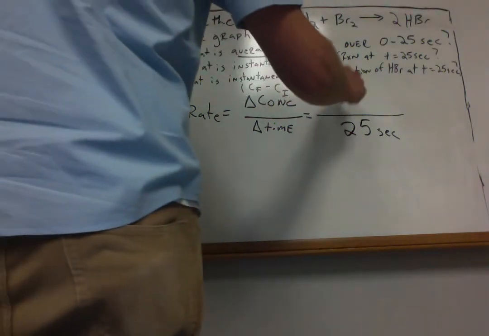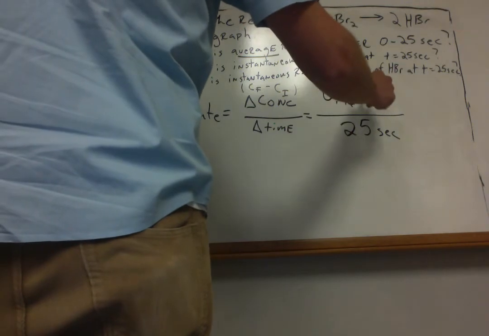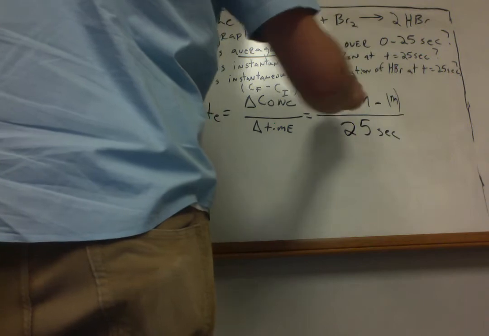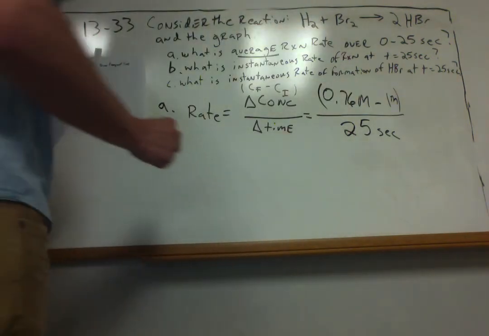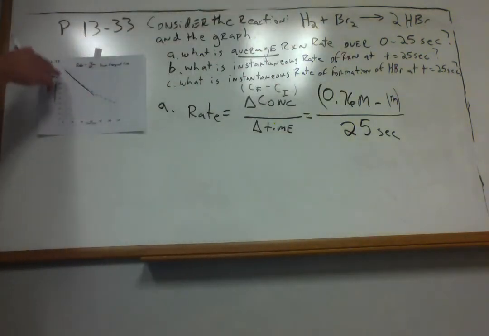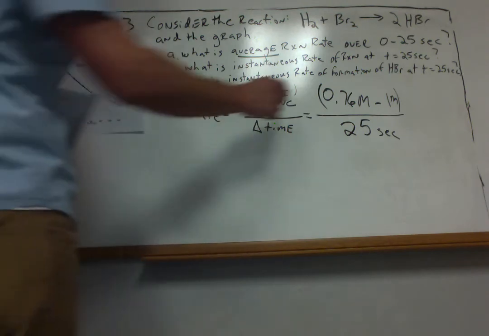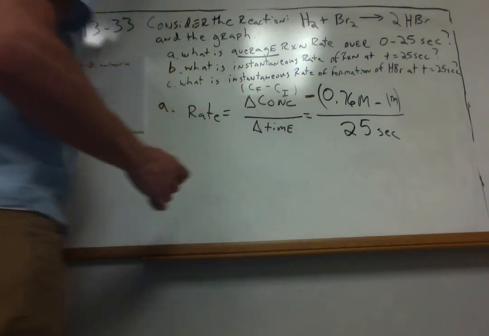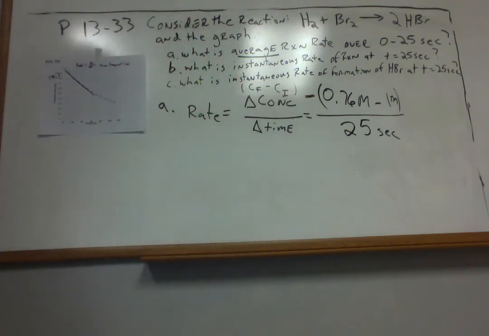So I take my final concentration, 0.76 molar, and I subtract the initial molarity, which is 1 molar. Now, since I'm tracking the concentration of a reactant, something that's consumed, by convention, I always multiply again by -1. That's just something that's done to express the reaction rate as a positive and not negative number, okay? Because we are, in fact, using this out over time.